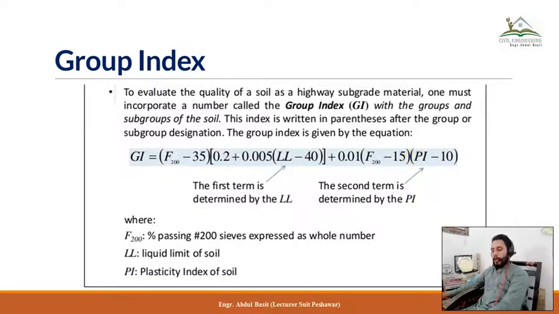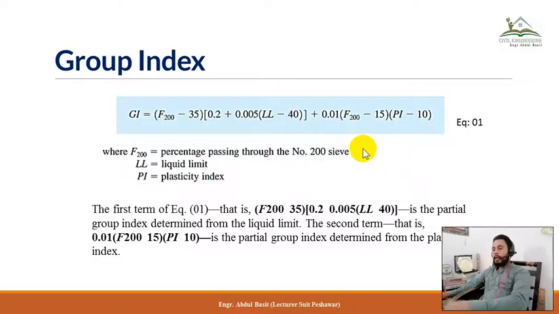Okay, so here, therefore, you can say this is the partial liquid limit index, and this is the partial plasticity index. This is again the same equation, and all the terms are explained here.